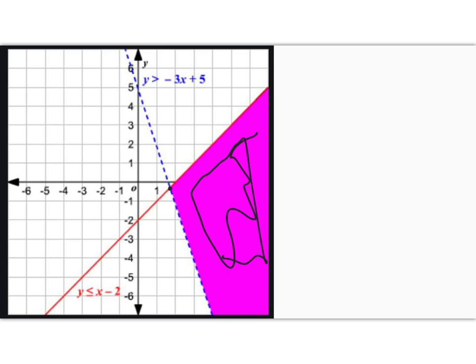And then the blue line is doing something. Where those two lines cross, all of the points in between both solution sets would be the solution. So all of these points would satisfy both equations. That's what we're talking about: points that satisfy both equations.